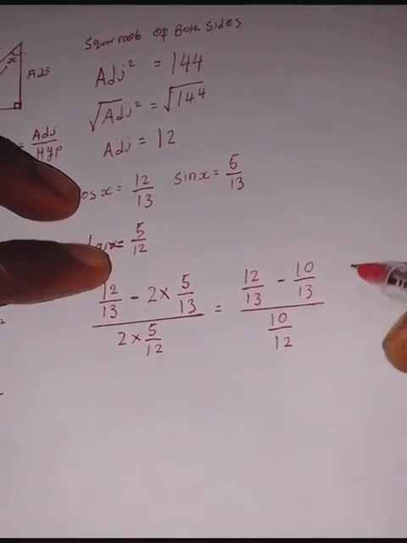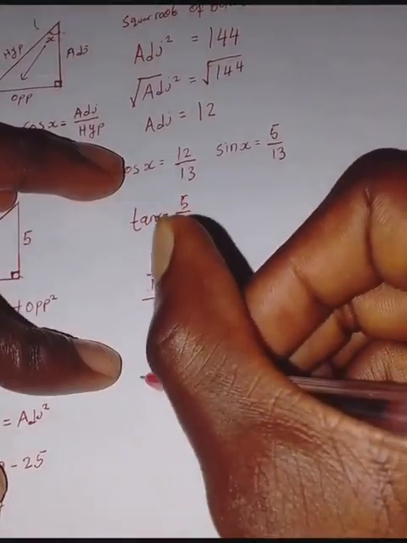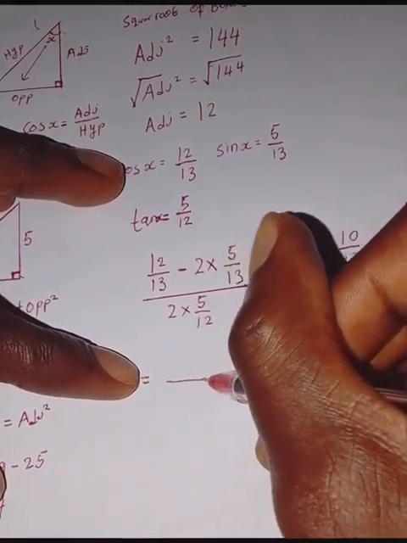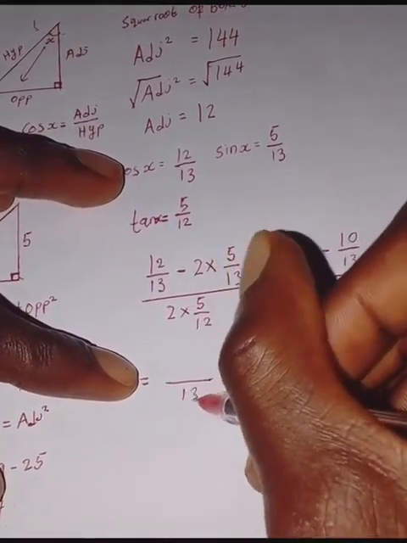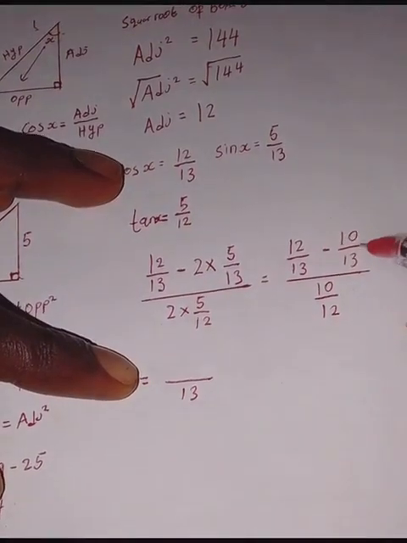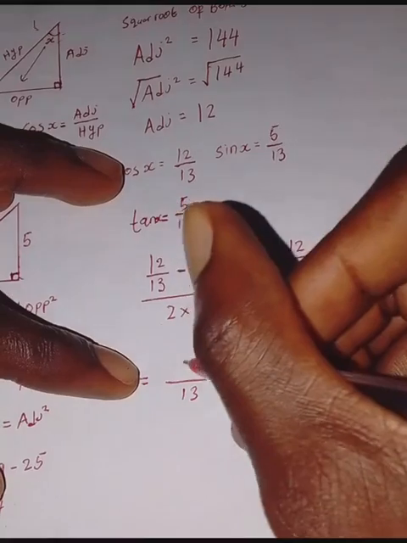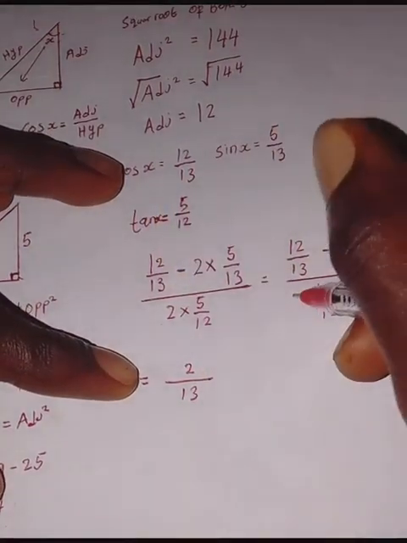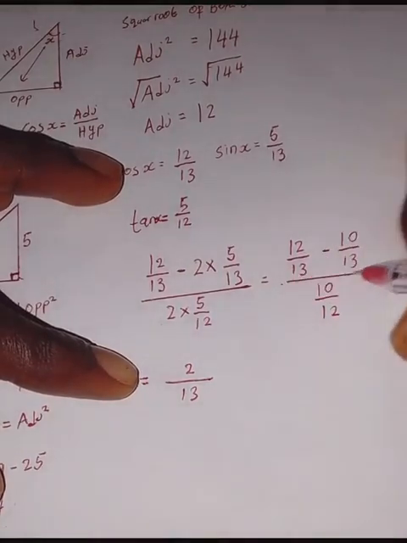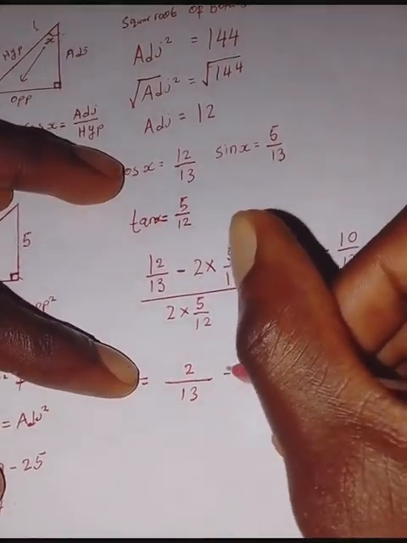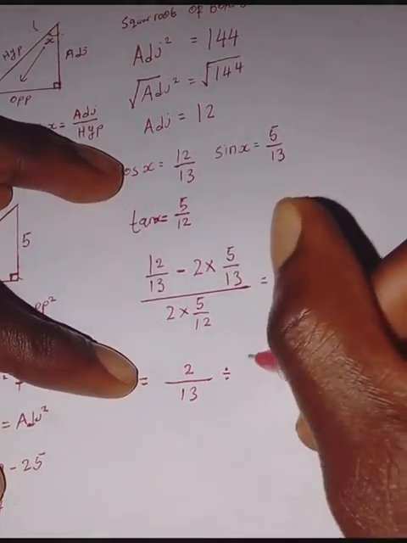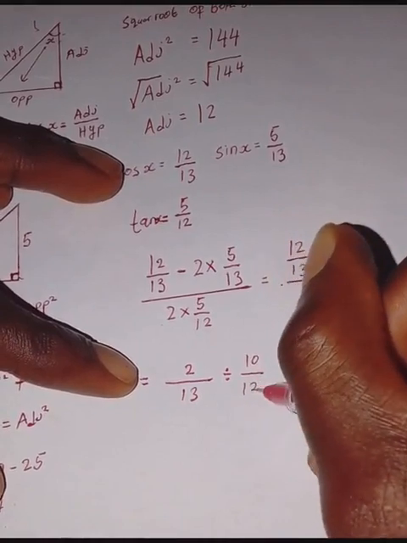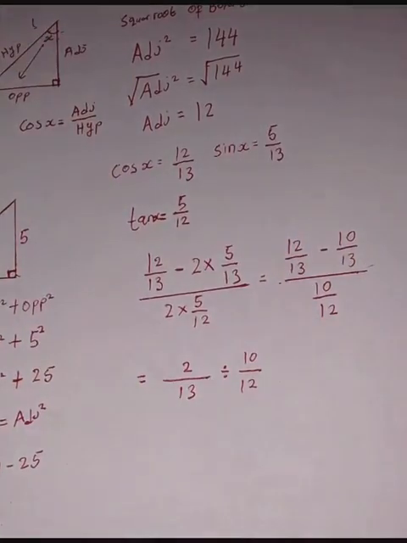LCM is 13, so all other things are the same. 12 minus 10 will give us 2, so that is 2 over 13. And this is a division sign, so that is divided by 10 over 12.